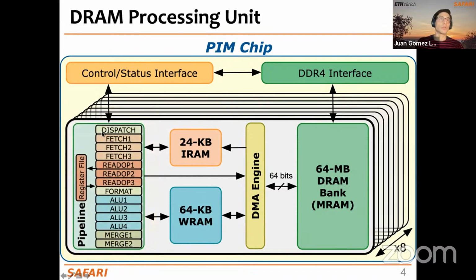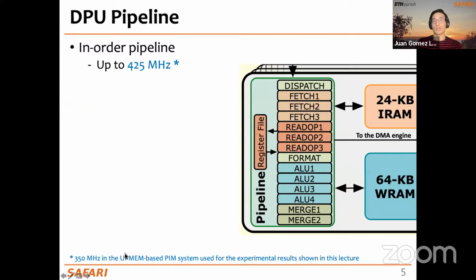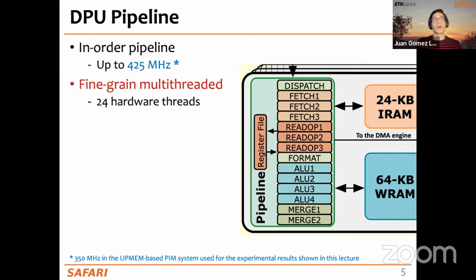And remember as well that we have a pipeline, and this pipeline has 14 stages. The current generation, or let's say the most powerful version of the UPMEM PIM system right now, has DPUs that can run at a frequency of 425 megahertz. For the experimental results that I'm going to show in this lecture, we used a system that can run at a frequency of 350 megahertz.